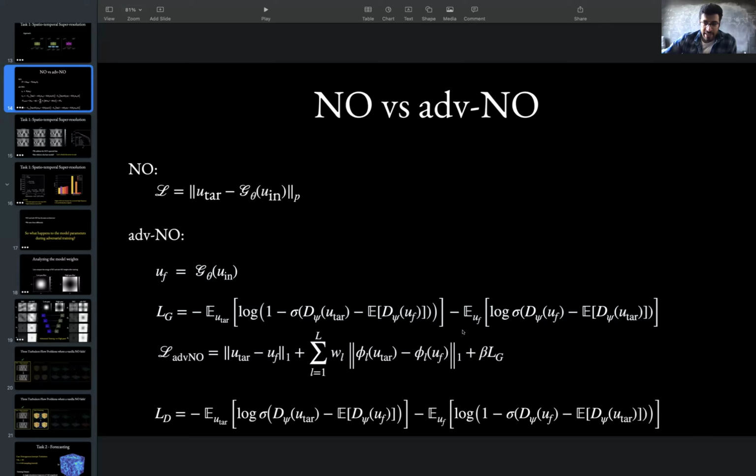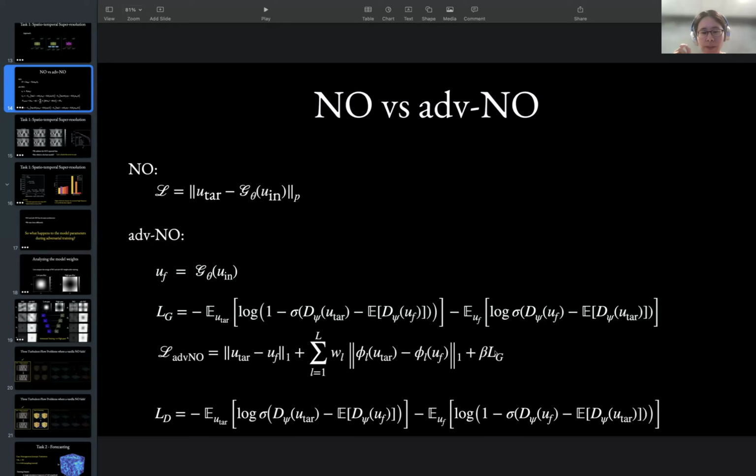Yes, the term that played the most important role is this L_G, where we update the neural operator's parameters such that the discriminator is not able to distinguish which is the neural operator prediction and which is the true, actual state. So I felt this is the most important term. We also use the second term because in the computer vision community they have shown this perceptual loss term highlights the high frequencies or the different frequencies. This has been a common practice, but at least in our experiments, we observed that L_G, this third term, was the most important term.